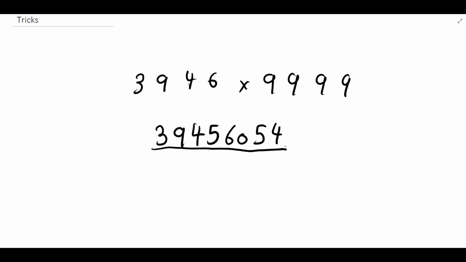And in a broader sense, this technique can also be applied when you have more 9s than digits in the number. So let's take 35 into 9999.